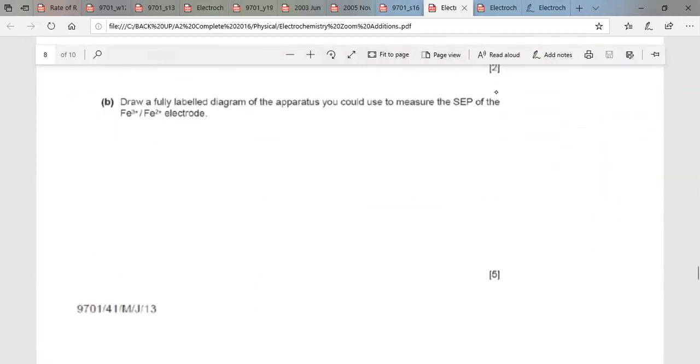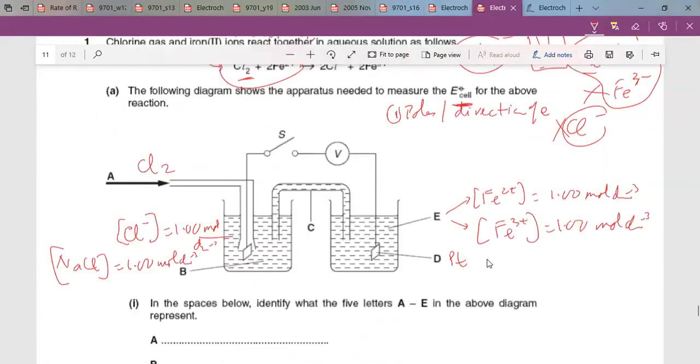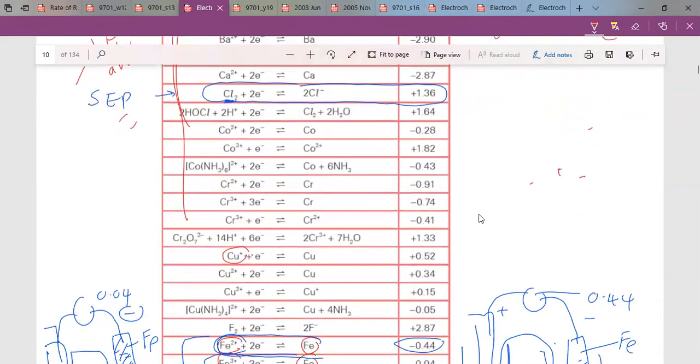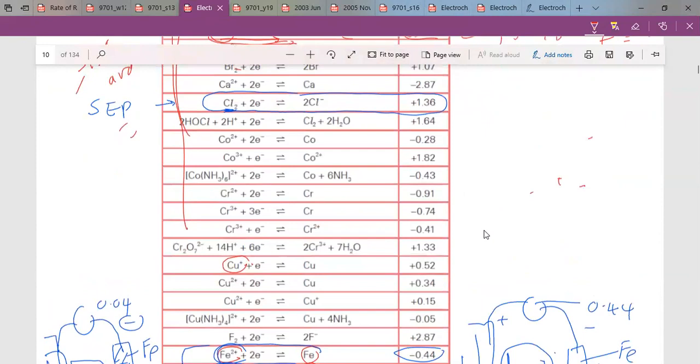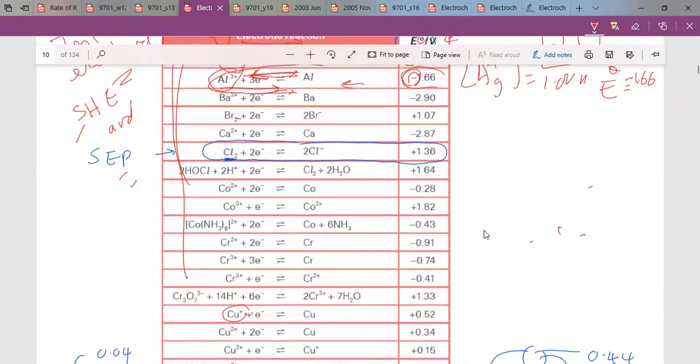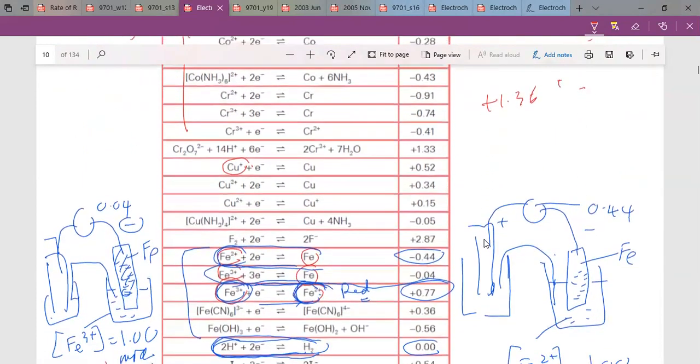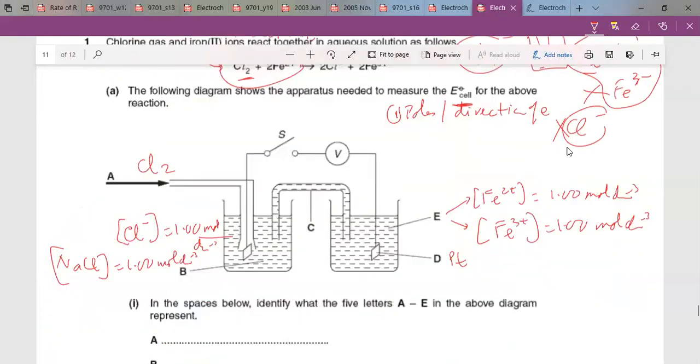Here is the big one, so I put down plus 1.36. Fe2+, Fe3+ is plus 0.77. So which is more positive? Chlorine is more positive, so chlorine and chloride will be the positive pole, and Fe2+, Fe3+ will be the negative pole.